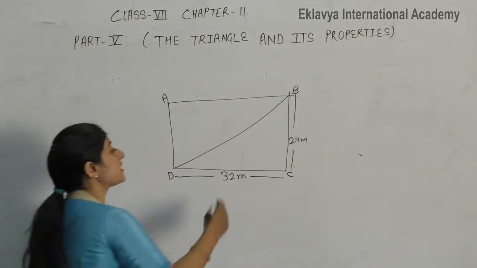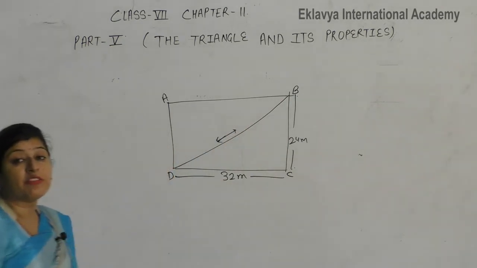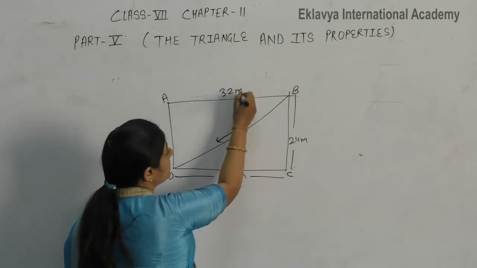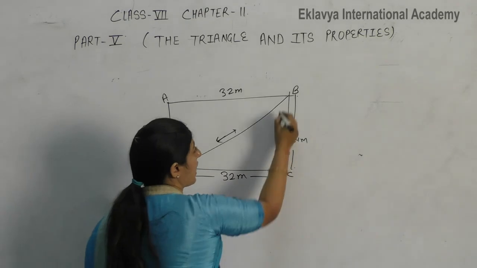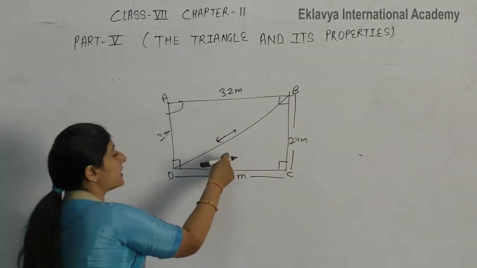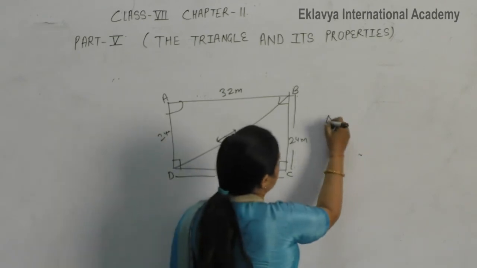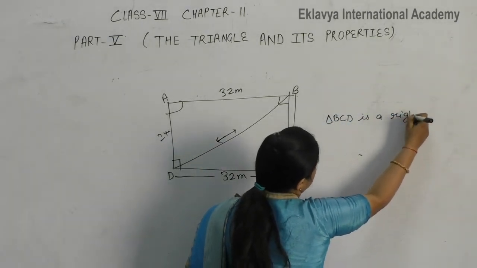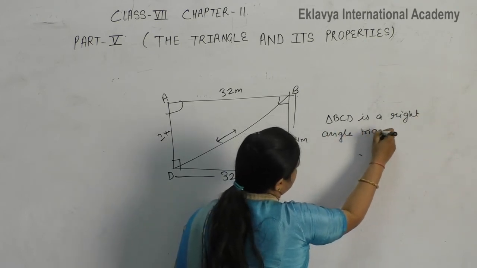You want to take a diagonal walk. It means we want to find out the length of BD. We know that in a rectangle opposite sides are equal and all the angles are 90 degree. So in this figure we can say that triangle BCD is a right angle triangle.